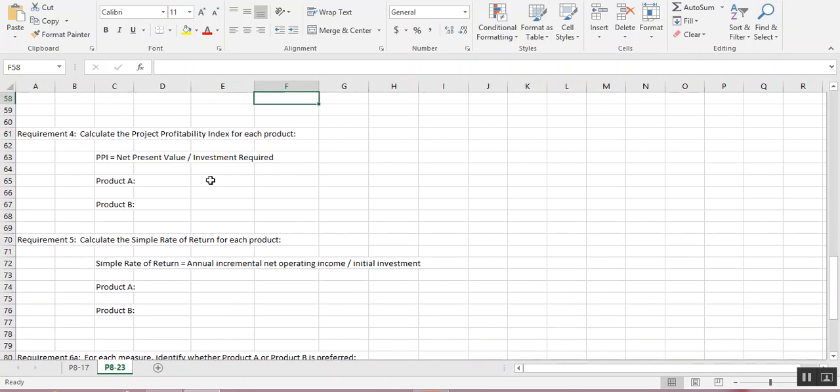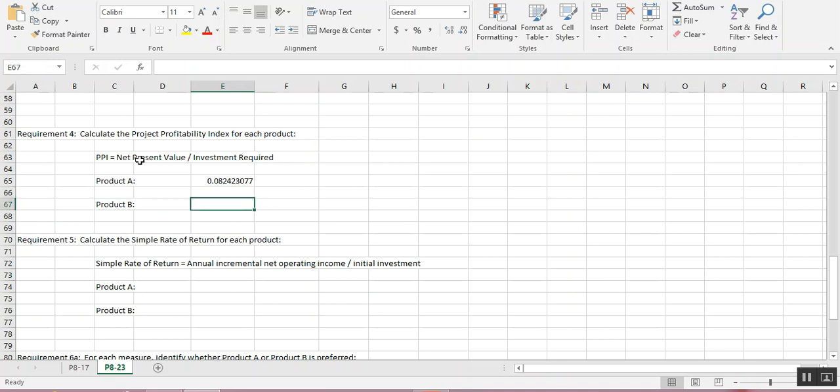Whoops. And that's going to be divided by the investment. And for product A, we had an initial investment of $260,000. This gives us a project profitability index of about 0.08. So you can round that if you want to.